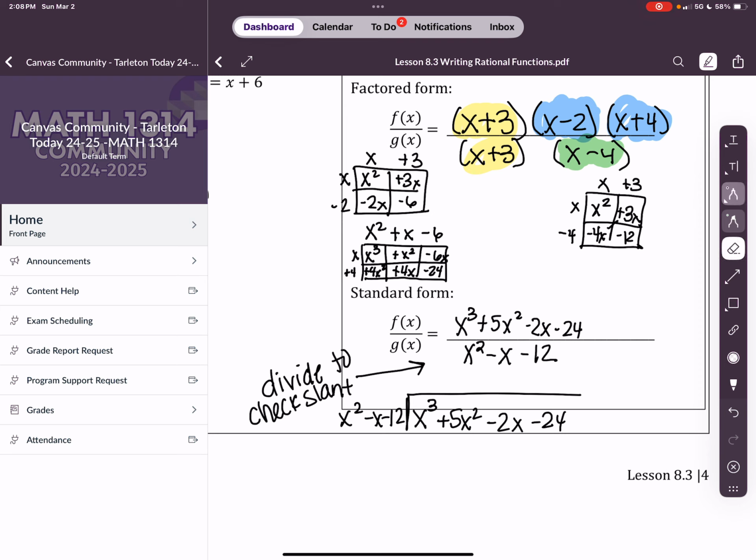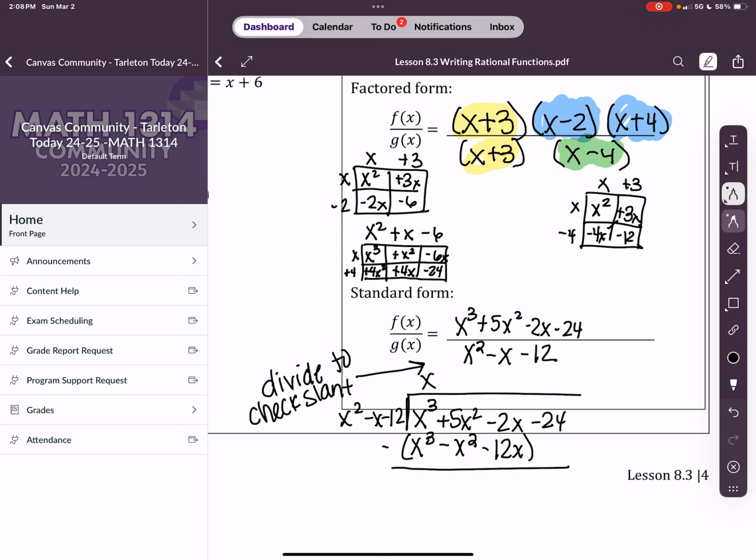All right, so x squared times x will give me the x cubed. So I'm going to multiply by x. x times x squared is x cubed. x times negative x gives me negative x squared. And x times negative 12 gives me negative 12x.